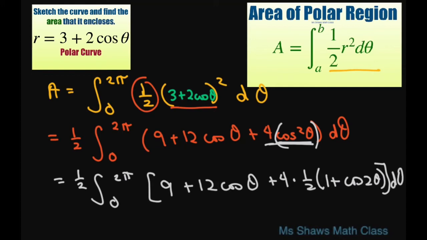That's just because it helps us integrate. Now the next step is to take 4 times 1/2, which is going to be 2, distribute that and add it to 9. When I add 2 to 9, that's going to give me 11.